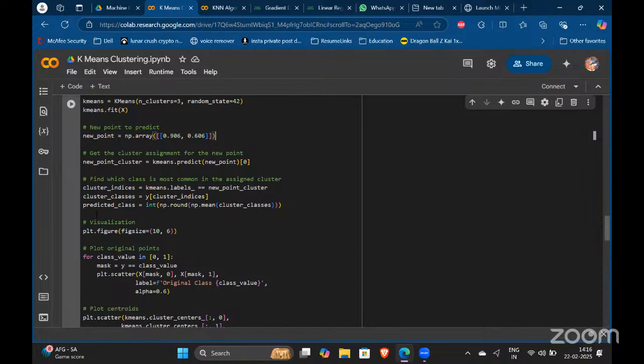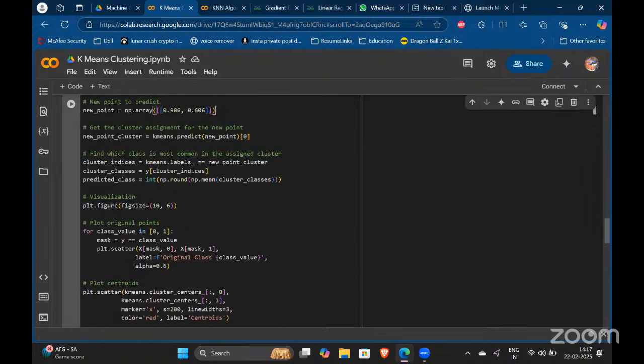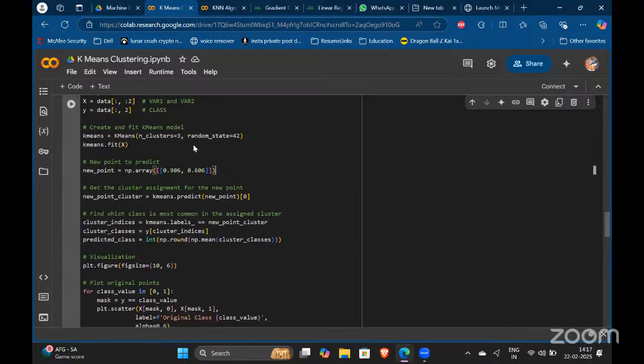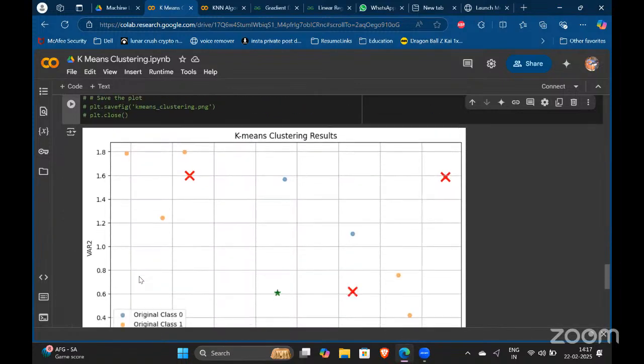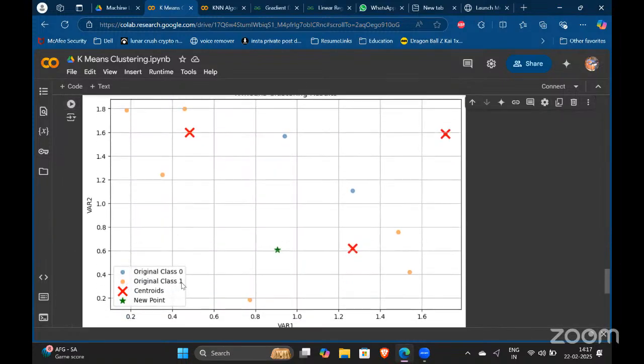Okay. So in this plot, you can see that we have two classes, which is the blue color one represents 0 as a class. The orange color one represents class 1. Okay. And we have 3 different clusters, and each cluster will have a centroid. So all the 3 centroids were being calculated and being placed as X mark here. Okay. Now you can see that we have a new point. The new point is 0.906, 0.606.